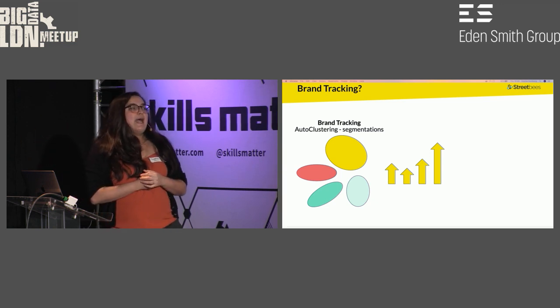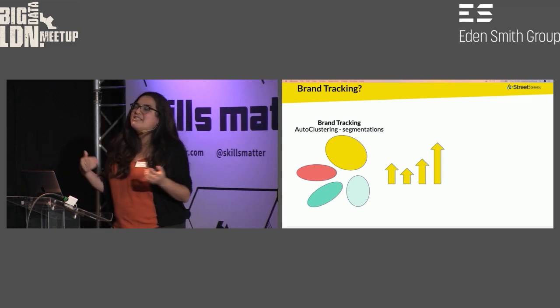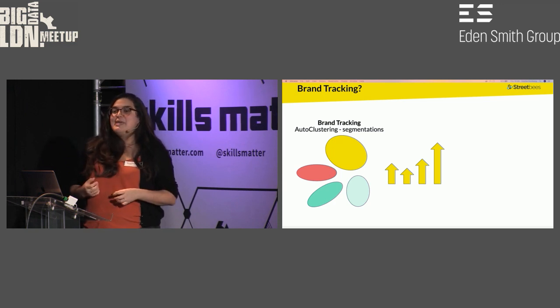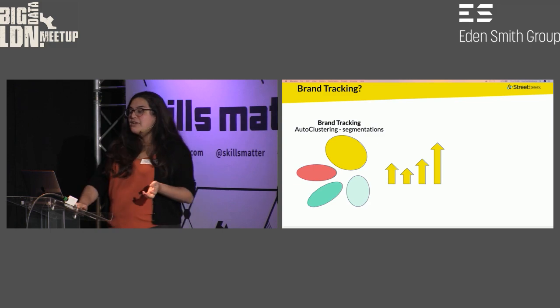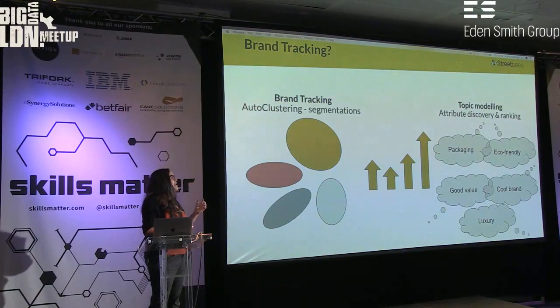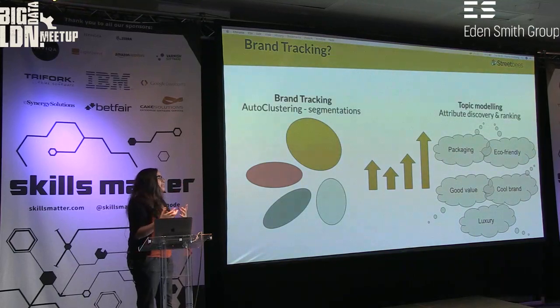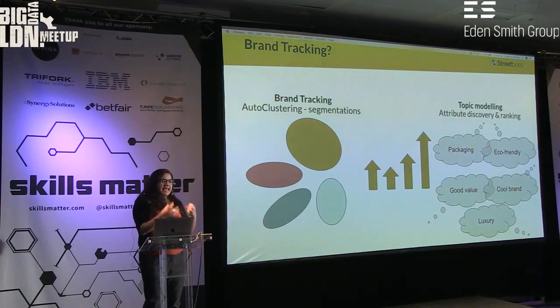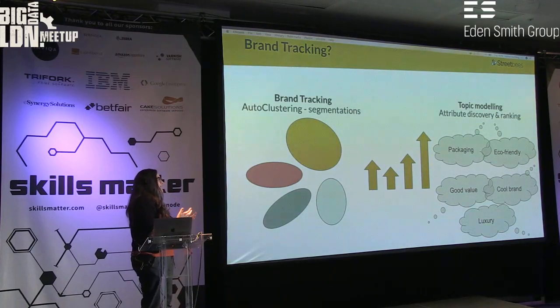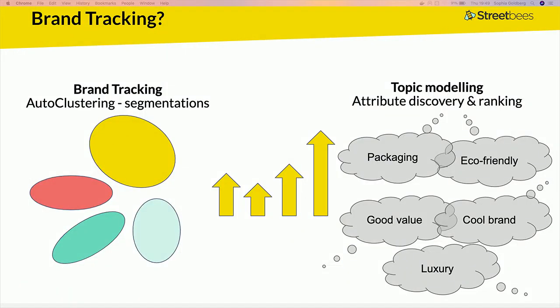So maybe if you're Cadbury's, you might be interested in how well you perform in that midnight snackers group of people. But there are also certain attributes you might want to perform well in: the way people talk about your brand, which aren't necessarily occasions. People associate your brand with good value or having really great packaging, that kind of thing.